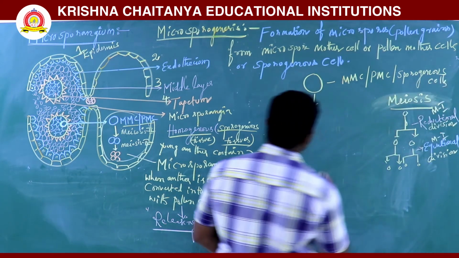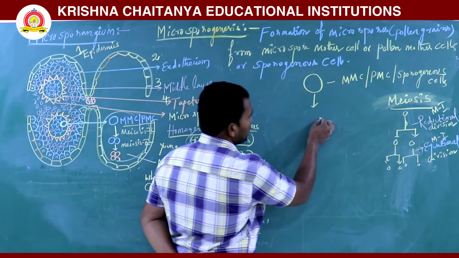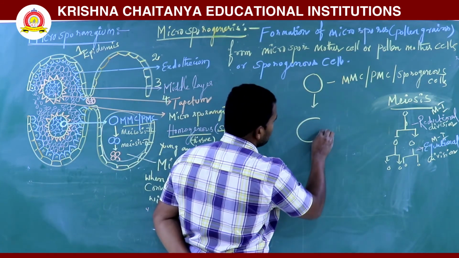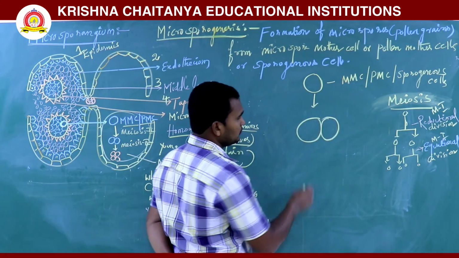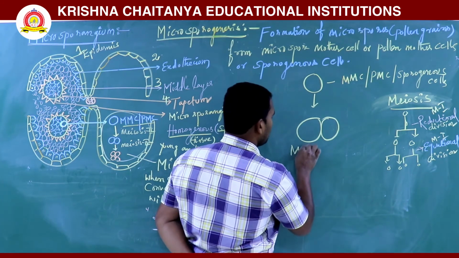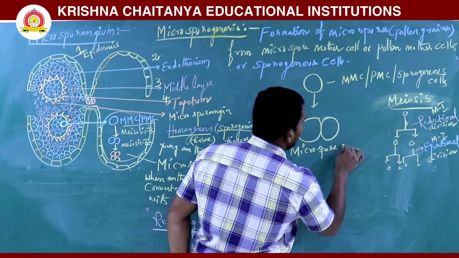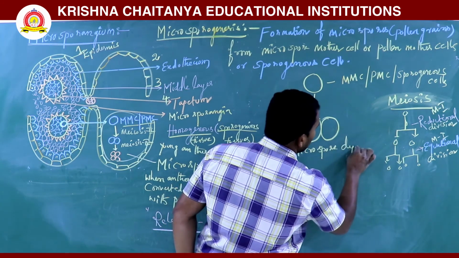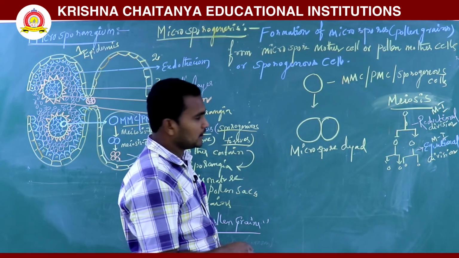Here we first discuss the microspore mother cell or pollen mother cell. It first divides in the first meiosis, producing how many cells? 2 cells. This is called a microspore dyad; two cells are formed.